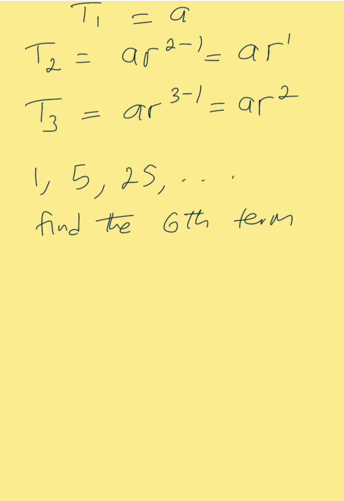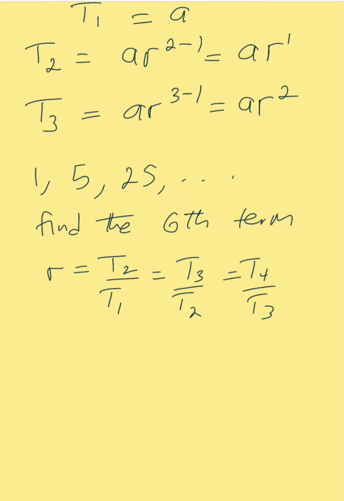How do you get the common ratio of a geometric progression? You can get the common ratio r by dividing T2 by T1, or you divide T3 by T2, or you divide T4 by T3. This is how to do it. Divide a term by the term before it, and you get the common ratio.